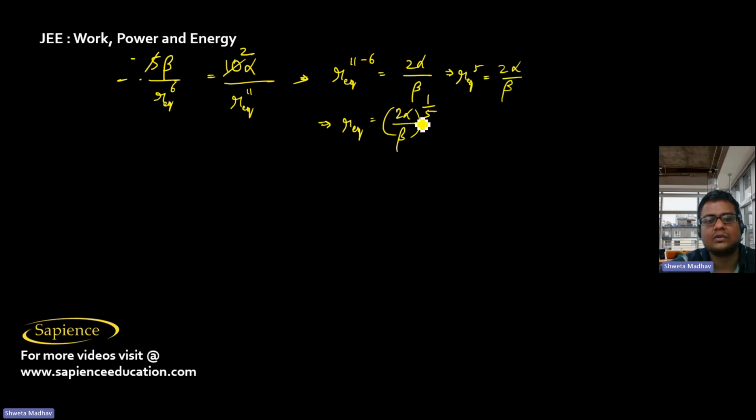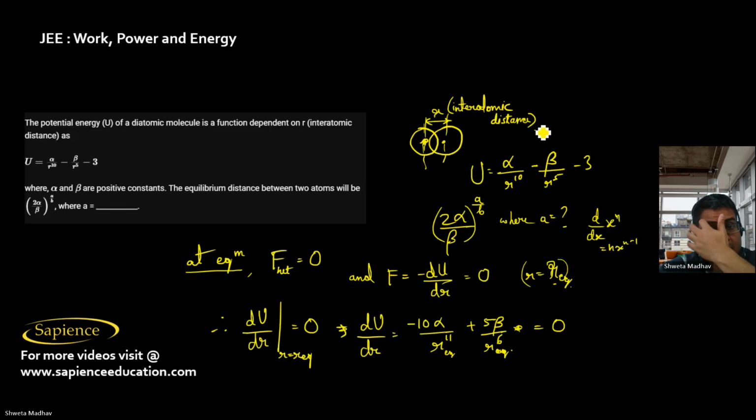So r equilibrium is 2 alpha by beta power 1 by 5. Therefore a is equal to 1 and b is equal to 5.